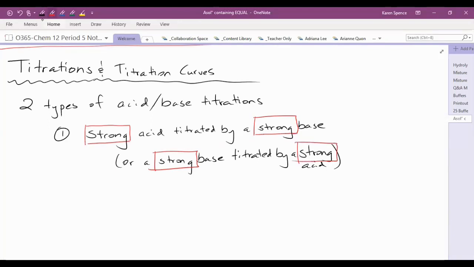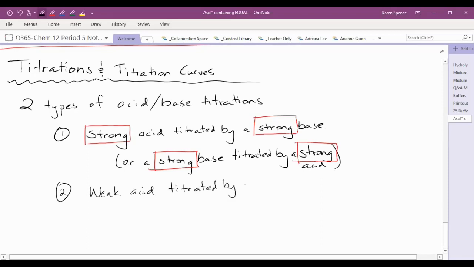Our second type, obviously, would be, okay, we could have a weak acid titrated by a strong base. So this is our weak strong.